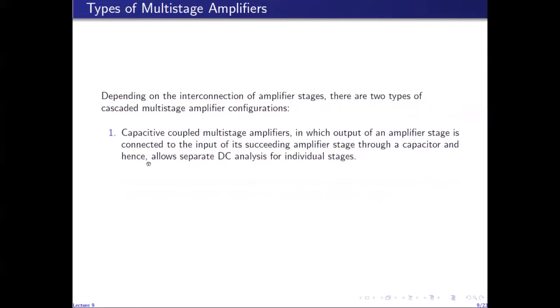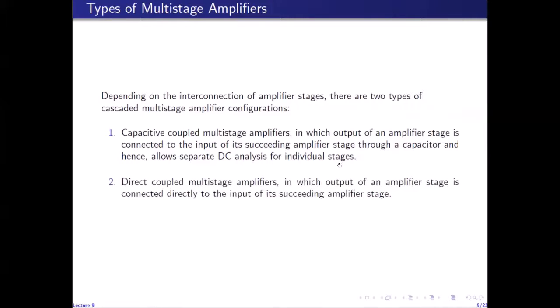And as we will see, it enables separate DC analysis for all the individual stages. The other configuration is direct coupled configuration, in which, as the name suggests, the output of an amplifier stage is directly connected to the input of the following amplifier stage of its successor.